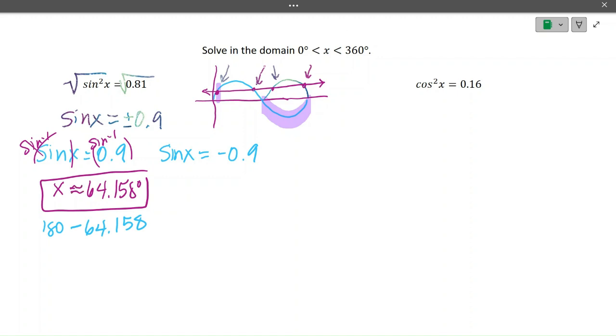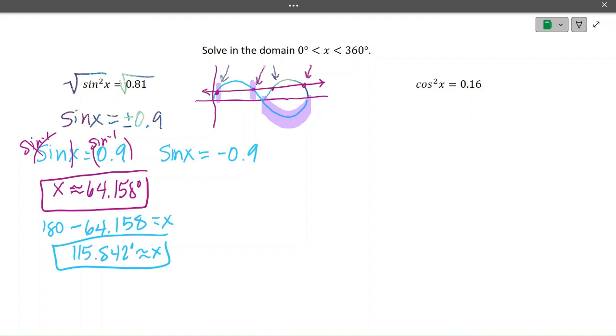So sorry about that. This is going to equal x. When I do that, I get 115.842 degrees, and that's approximately equal to x. So we found the two solutions we normally would have found.